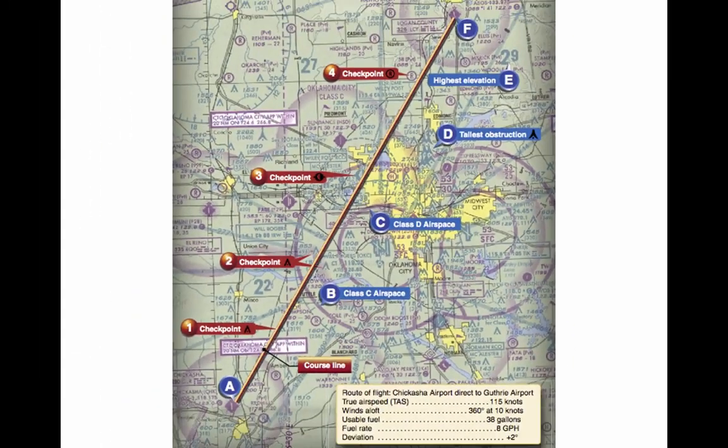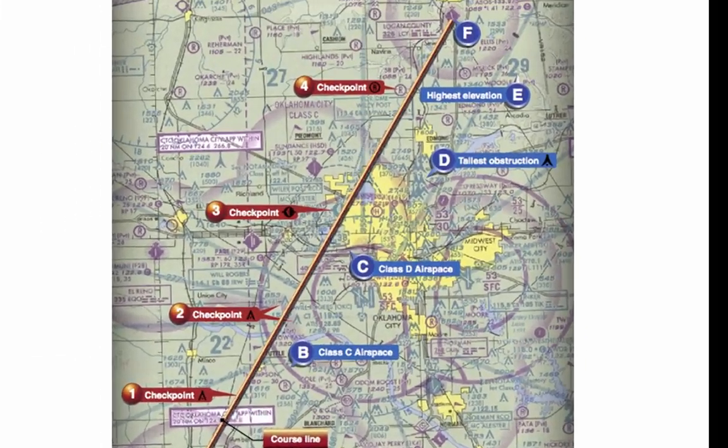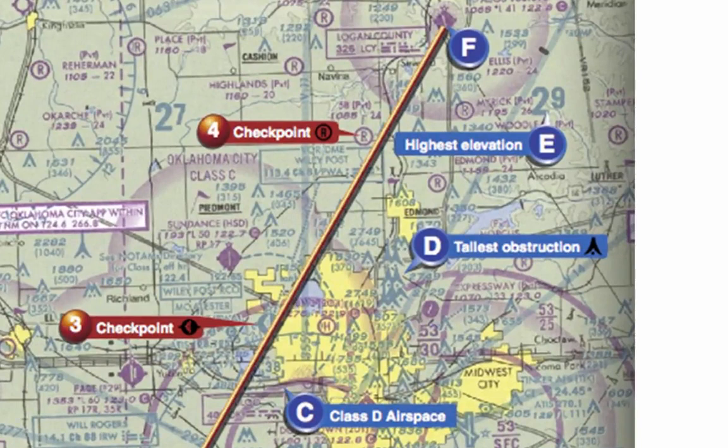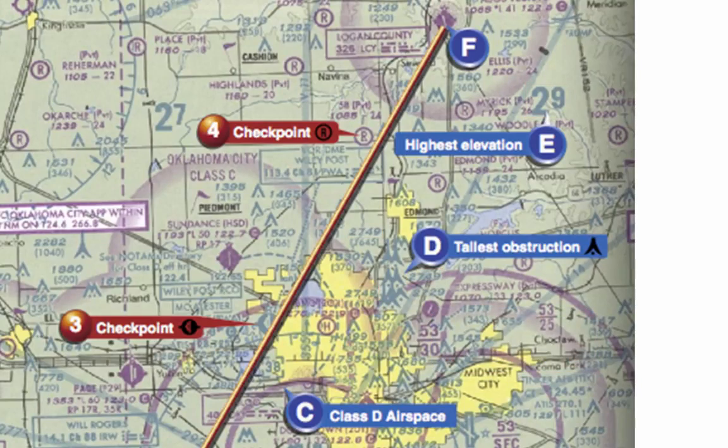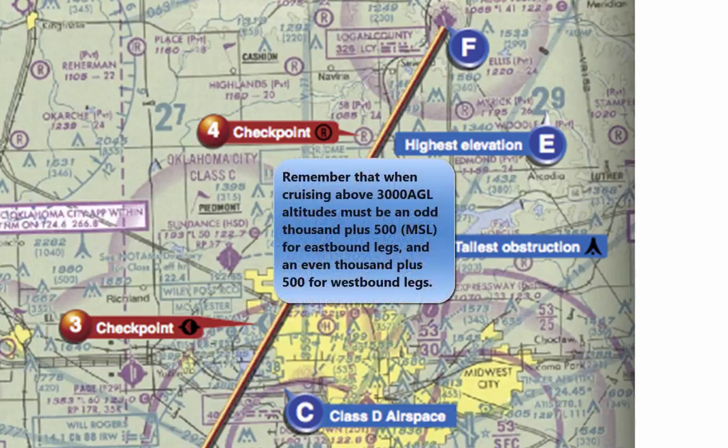Study the terrain and obstacles along the route. This is necessary to determine the highest and lowest elevations as well as the highest obstruction to be encountered, so that an appropriate altitude which conforms to 14 CFR Part 91 regulations can be selected. If the flight is to be flown at an altitude more than 3,000 feet above the terrain, conformance to the cruising altitude appropriate to the direction of flight is required.